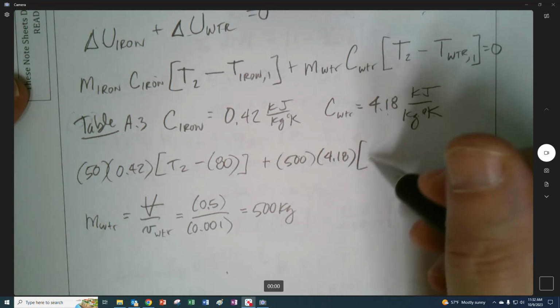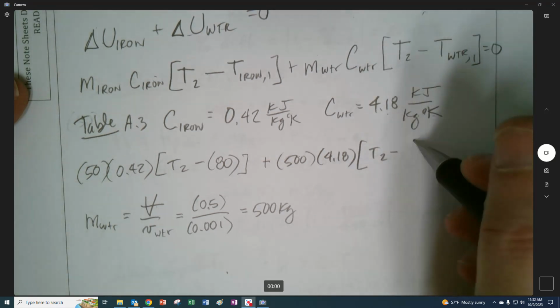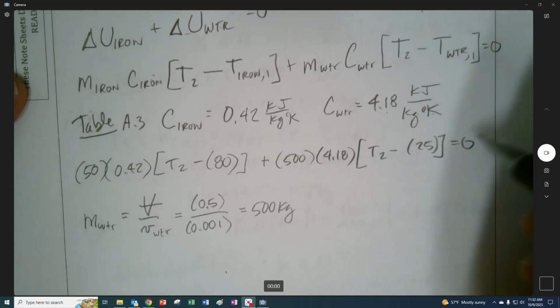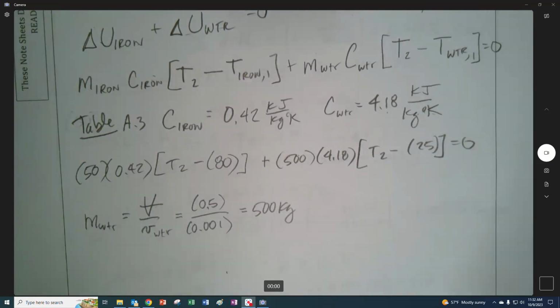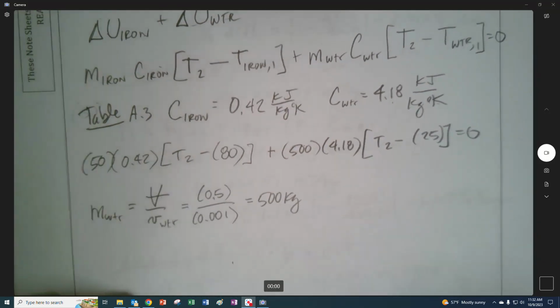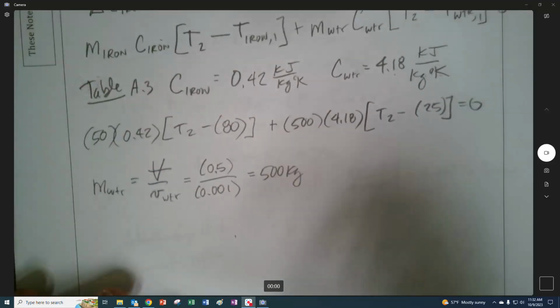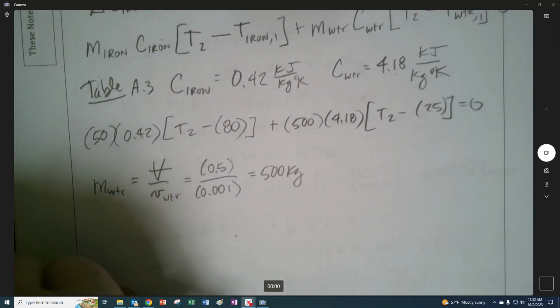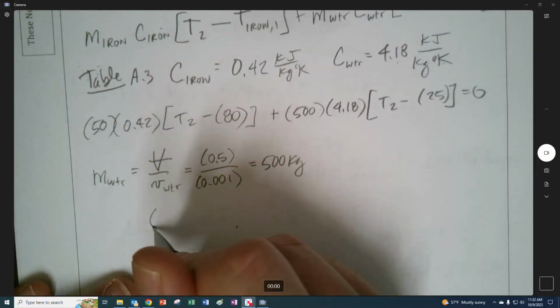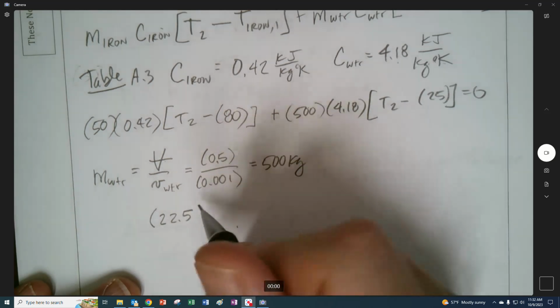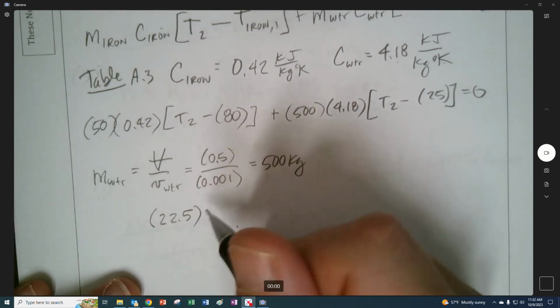And then T2 minus... I'm going to have to do careful math here live. Oh, that's going to be scary. Well, when I'm scared, what I usually try to do is go simple here. Let's see. 50 times 0.45, boom, and we're going to get 22.5. Which makes sense.